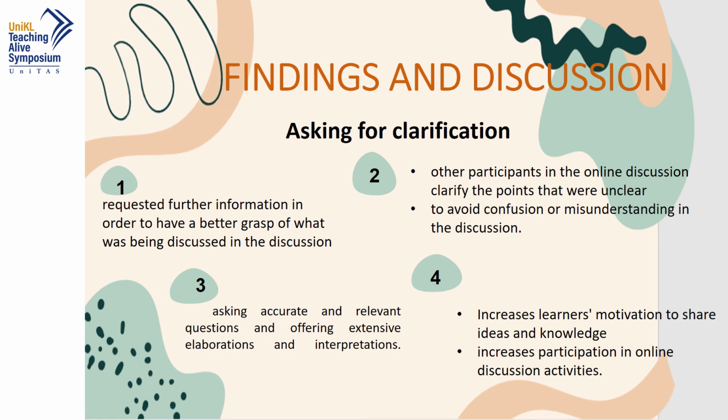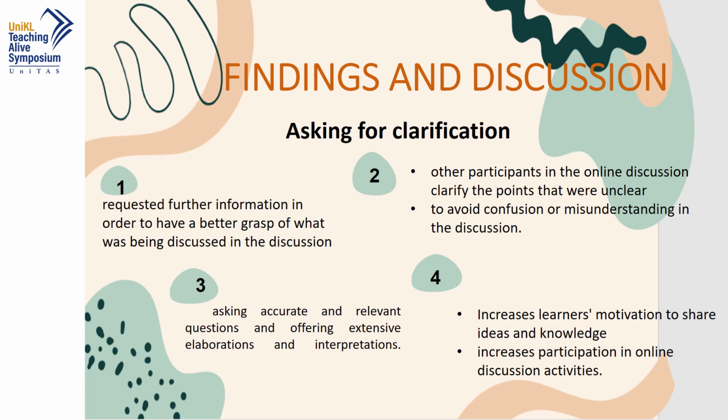For the first strategy, which is asking for clarifications from other members of the group, respondents requested further information so that they will get a better understanding of what was being discussed in this discussion.